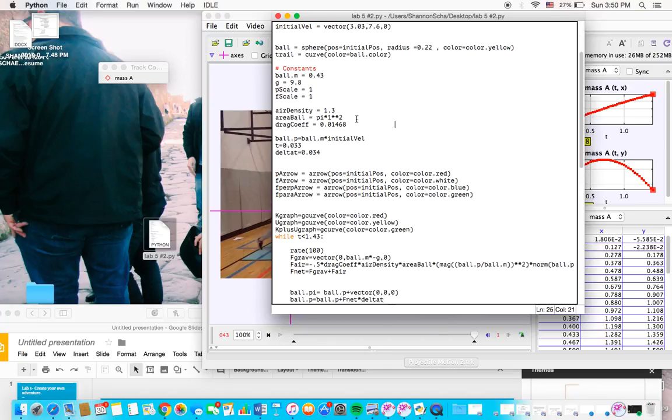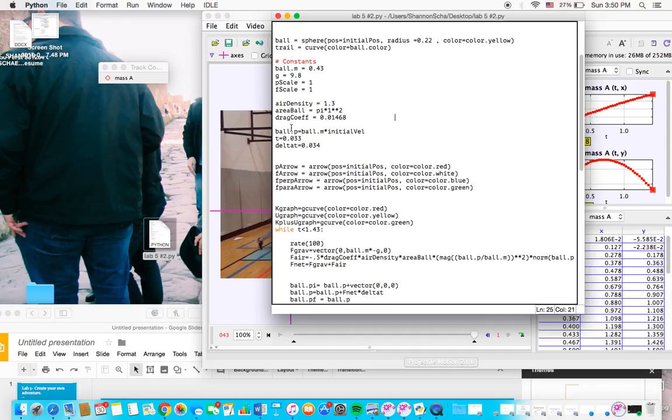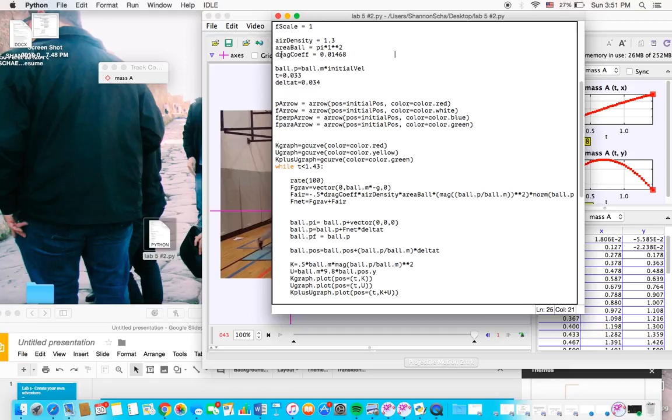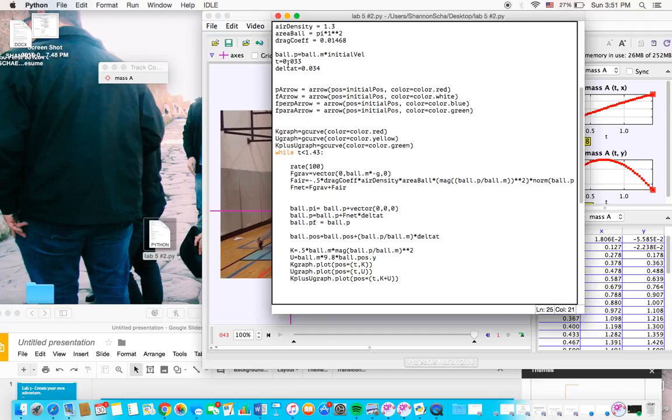Then we wrote the ball's mass, the constant g, and the constant necessary to know the force of the drag, the initial time, and the change in time.